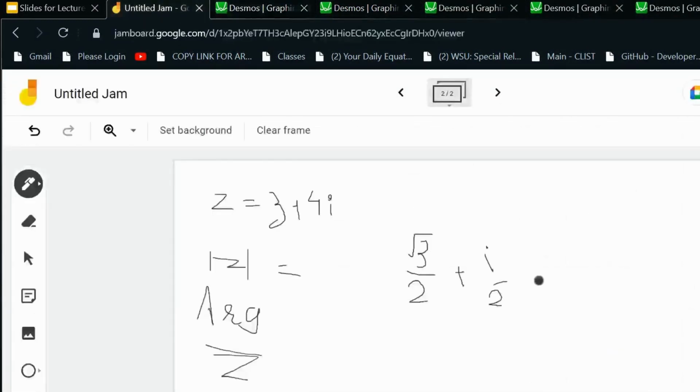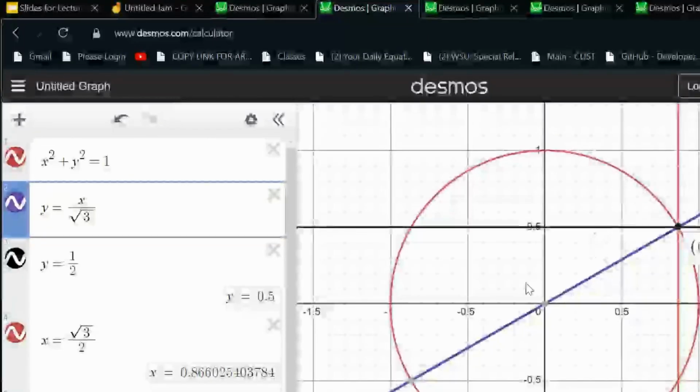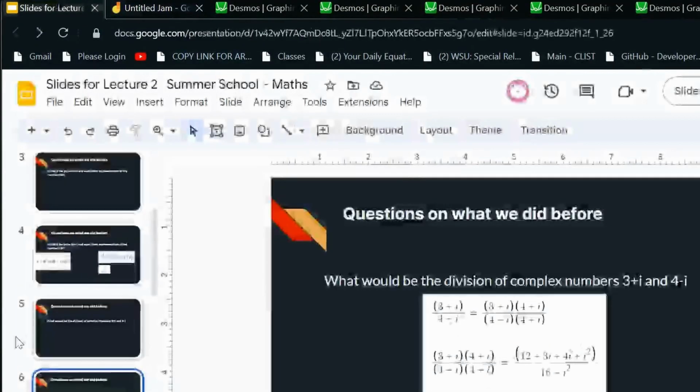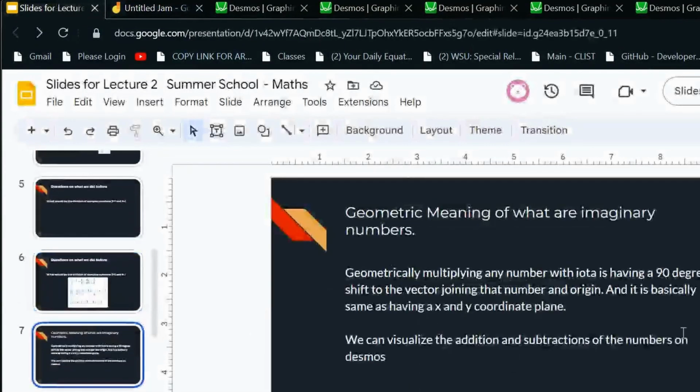So this is how we derive the polar form. It is r into cos theta plus iota sine theta. This is how the polar form is defined. This is the basic representation of complex numbers or their visualization.